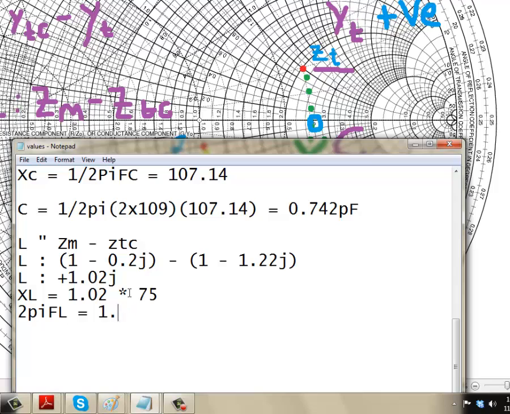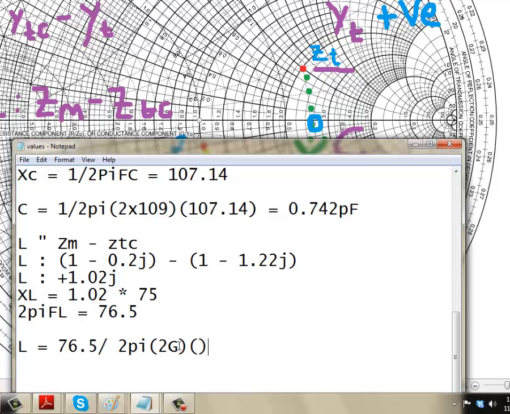Just keep in mind this is an exponent, this is giga.